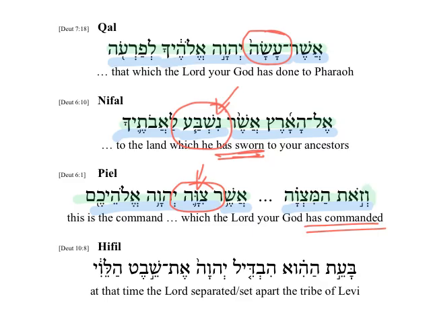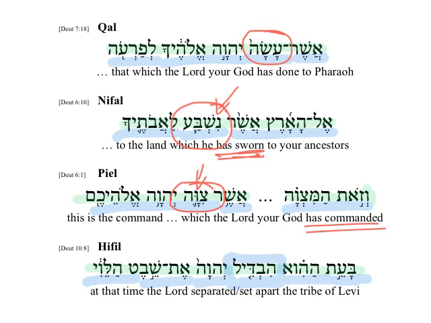One more example. Ba'et hahi hivdil Hashem et shevet Levi. In that time, the Lord divided the tribe of Levi, or probably better, he set apart the tribe of Levi.